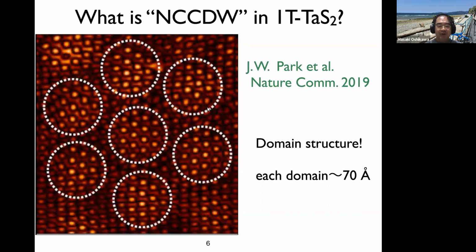Inside each domain, they have basically a similar order as in the CDW phase. But this domain and this domain have the same kind of order, but the ordering patterns have a mismatch. And each domain has a diameter of around 70 angstrom, which is pretty large.